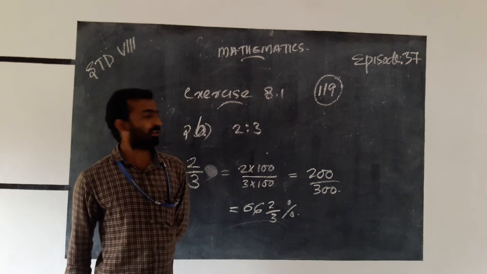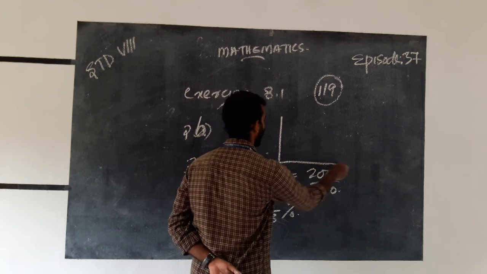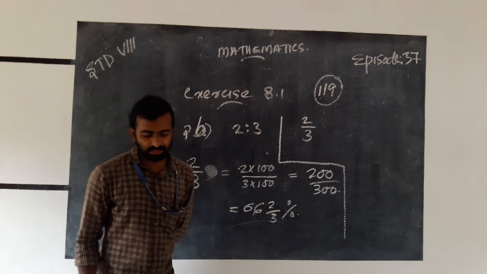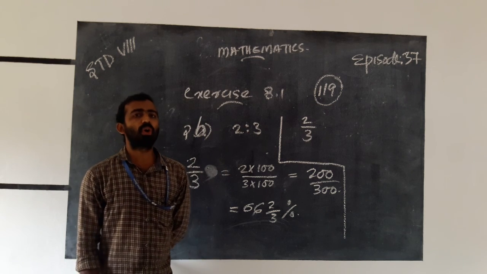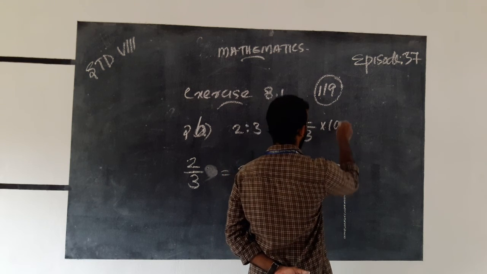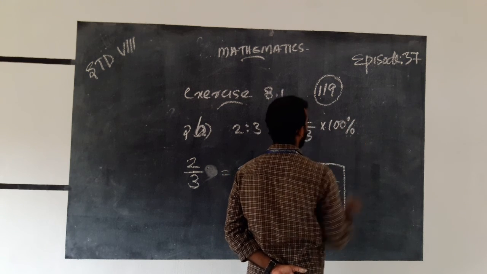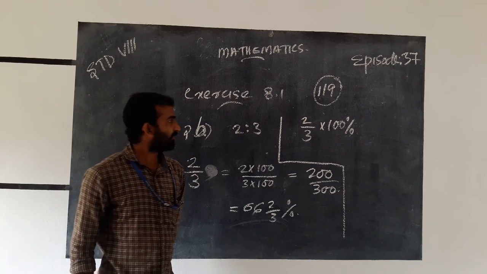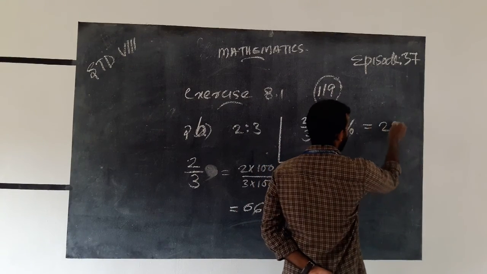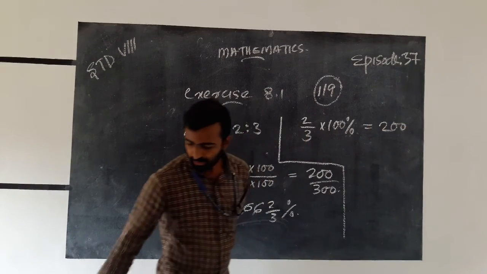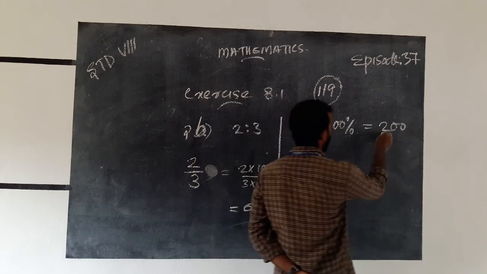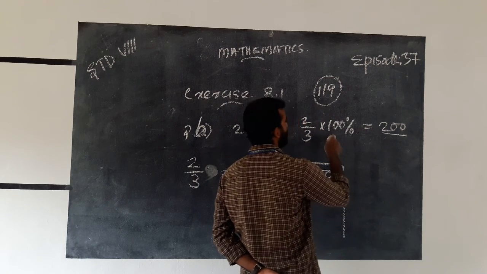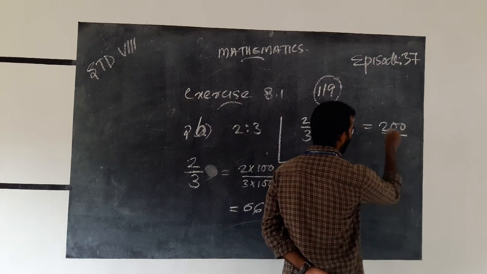Or otherwise, the second method is 2 by 3 into 100 percentage. What is the answer? We get 200 by 3.